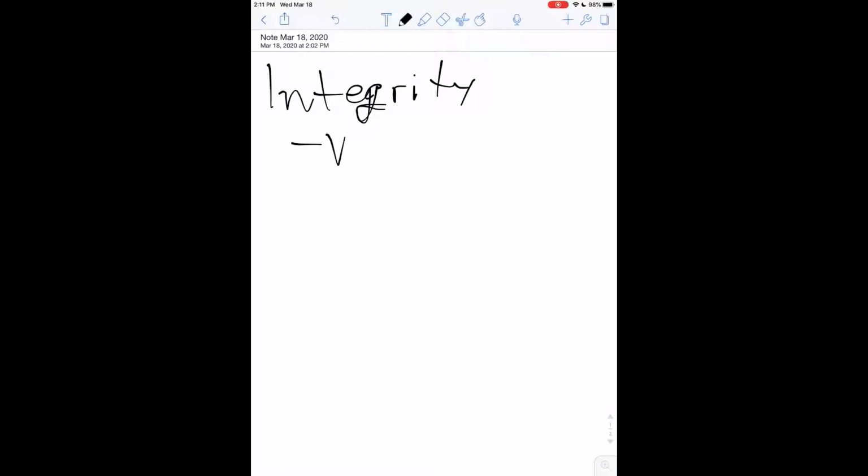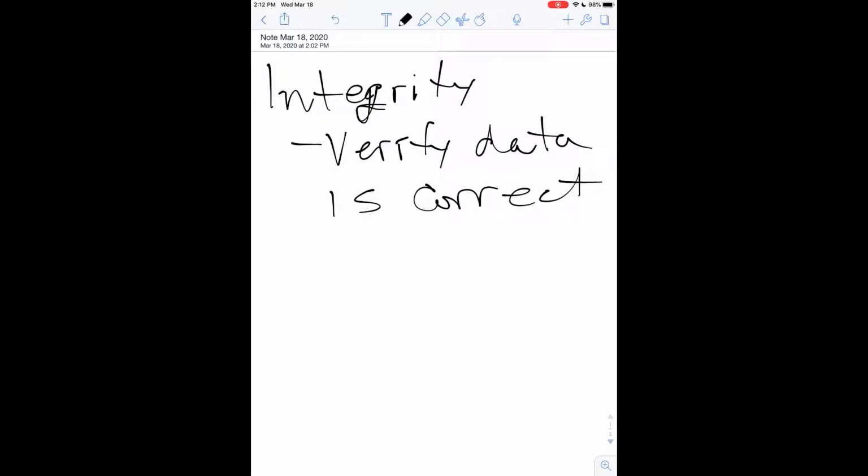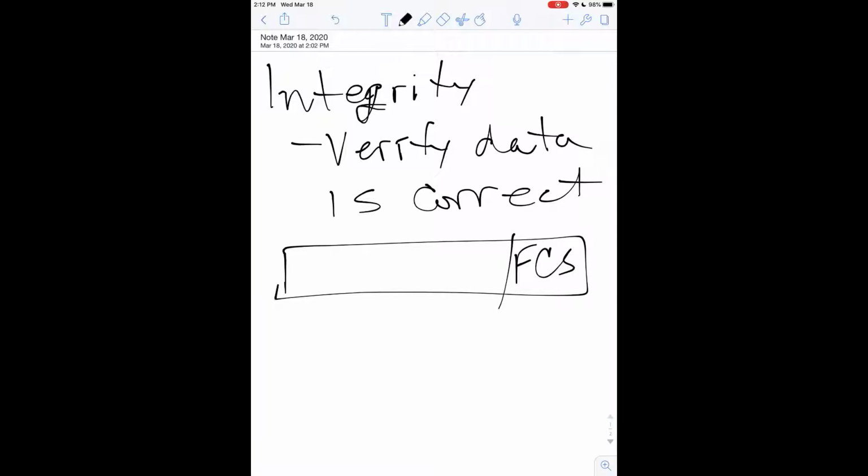So we are actually verifying the data is correct. One of the ways we verify this in our layer 2 model is our FCS. So in our frame, our FCS is one of the ways we actually verify integrity. So keep that in mind. There are other ways we'll do this, and we'll talk about those a little bit.